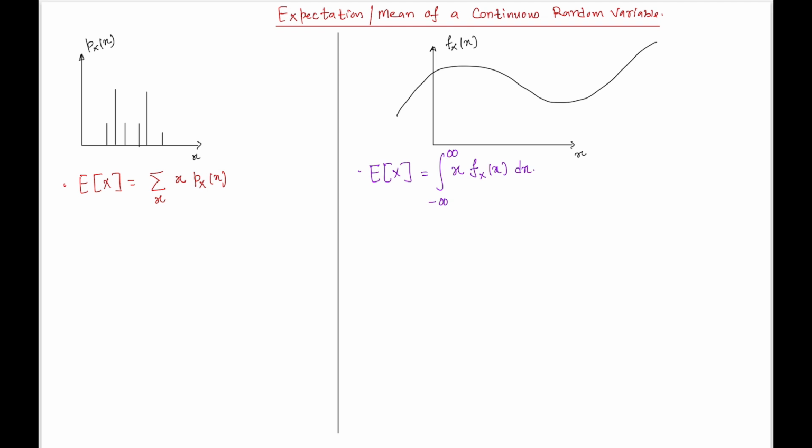If this sentence still seems abstract to you, then I would highly recommend you go and watch my previous videos in case of the discrete random variable regarding this expectation.